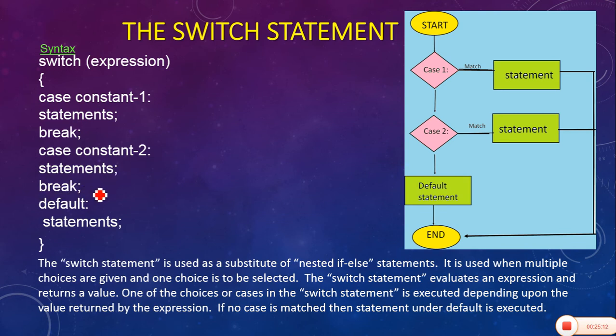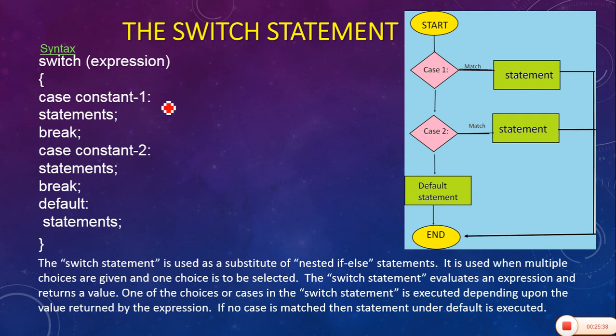And here is the break. Break will terminate the switch structure of the program. It will terminate the program from the loop and from the sequence of the operation. If this case is matched, then after this break the control will be transferred to the end of the program.